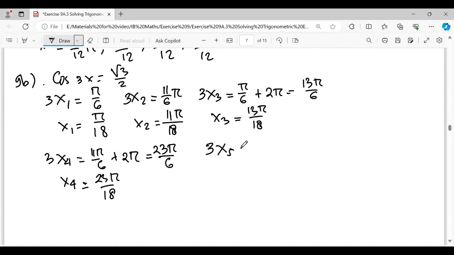3x5 equals 13 pi over 6 plus 2 pi. It is 25. So x5 is 25 over 18 pi.